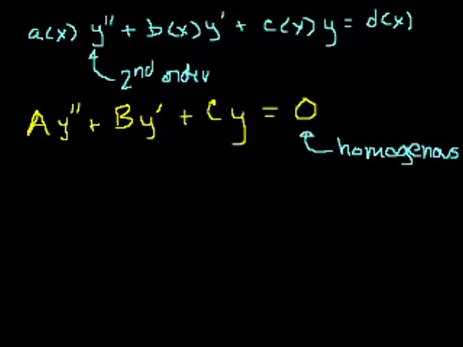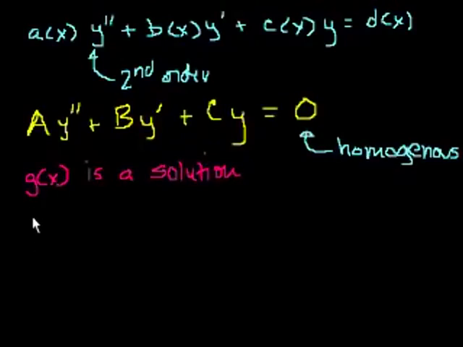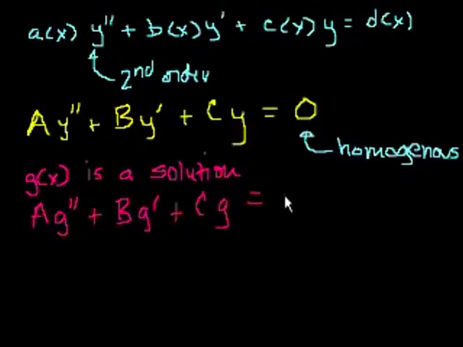Let me just throw out something. Let's say that g of x is a solution. So that means that a times g prime prime plus b times g prime plus c times g is equal to 0.